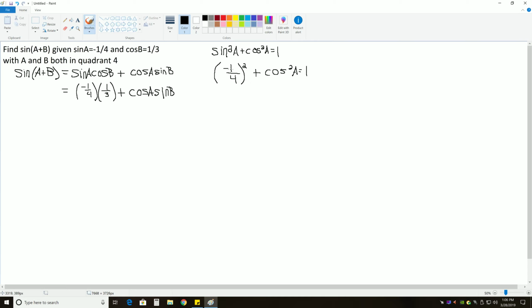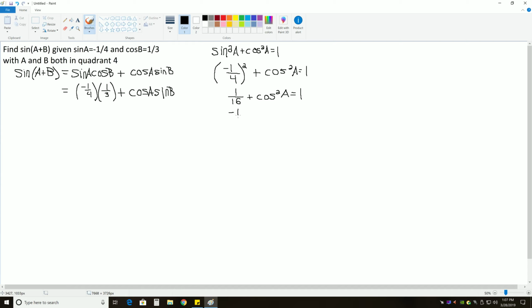And now we just want to start solving for cosine squared A. So first of all, negative 1/4 squared means negative 1/4 times negative 1/4. That gives us positive 1/16 plus cosine squared A equals 1.